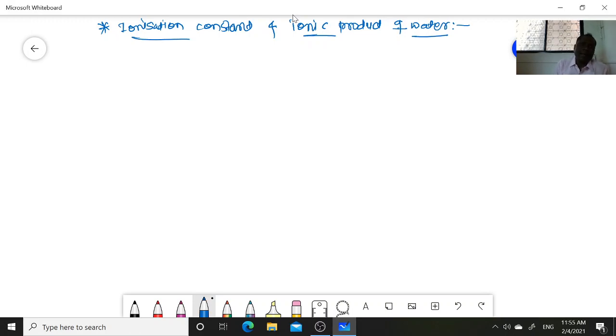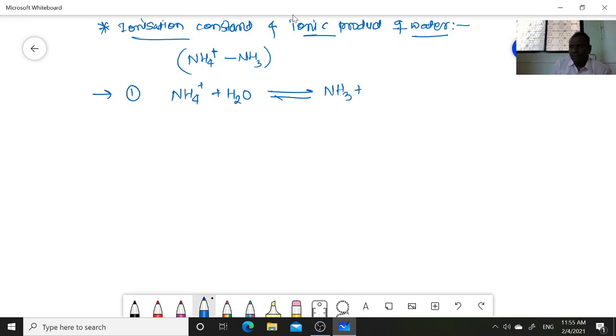Now we can apply the conjugate acid base pair. Let's consider NH4 plus and NH3 as a conjugate acid base pair. By applying this law to these two species, first, NH4 plus in water H2O, which is liquid, will dissociate into NH3 plus H3O plus.